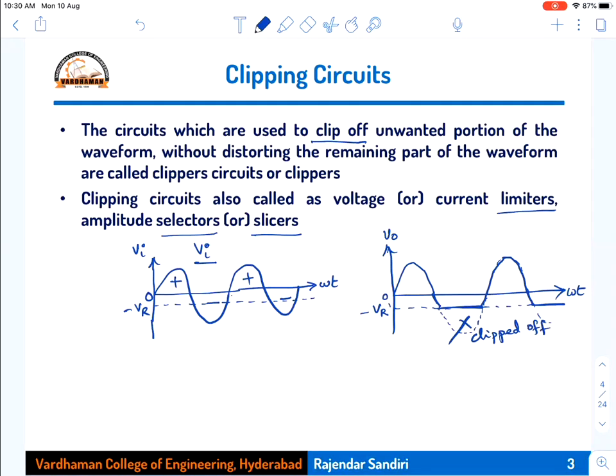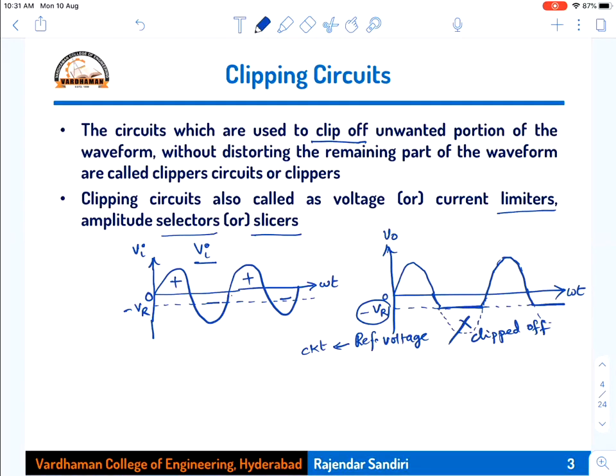By the minus VR reference level, which we call a reference voltage. This is also there in the circuit. So the clipper circuit will tell at what level the clipping has to happen, and whether it should be in the positive direction or in the negative direction.